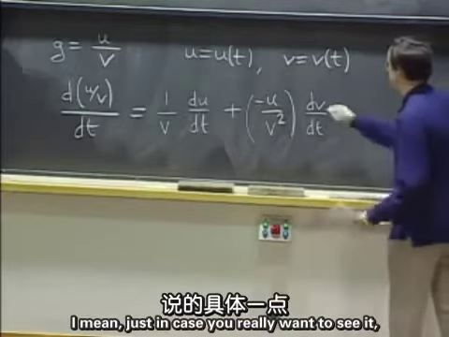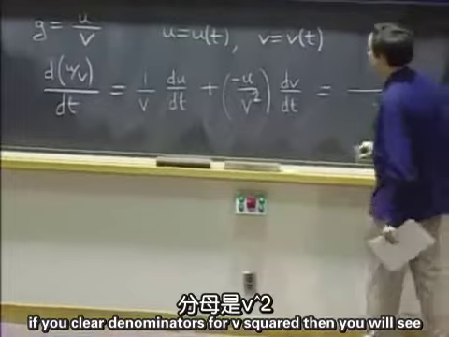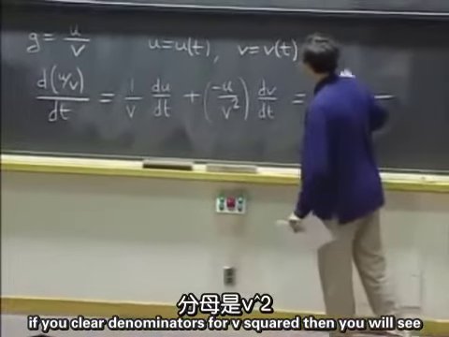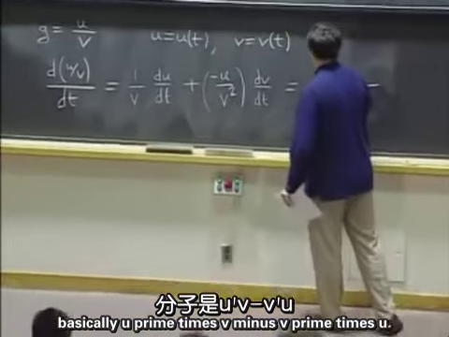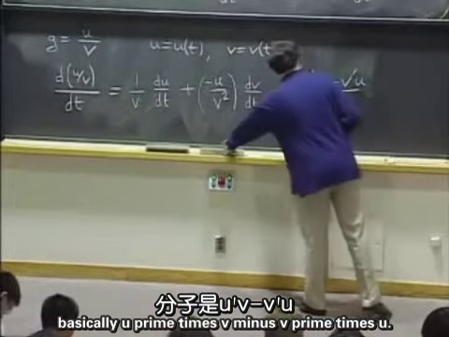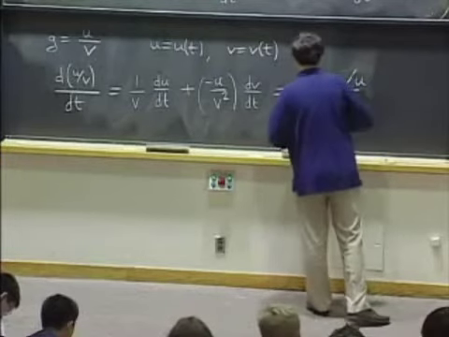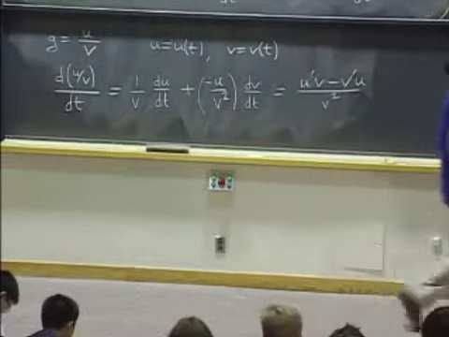Just in case you really want to see it, if you clear denominators to put the v squared, then you will see u prime times v minus v prime times u.